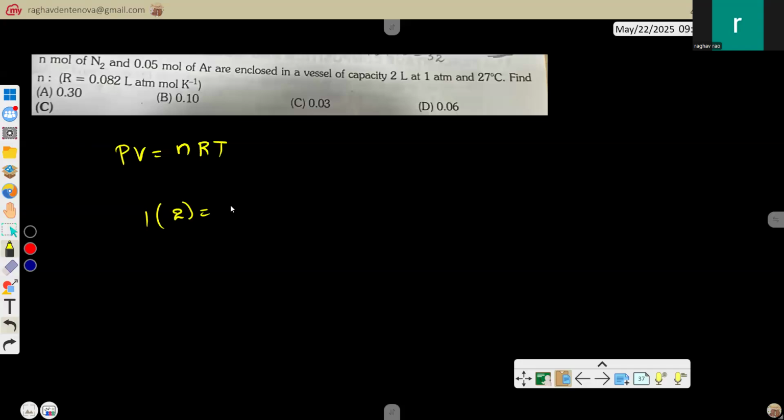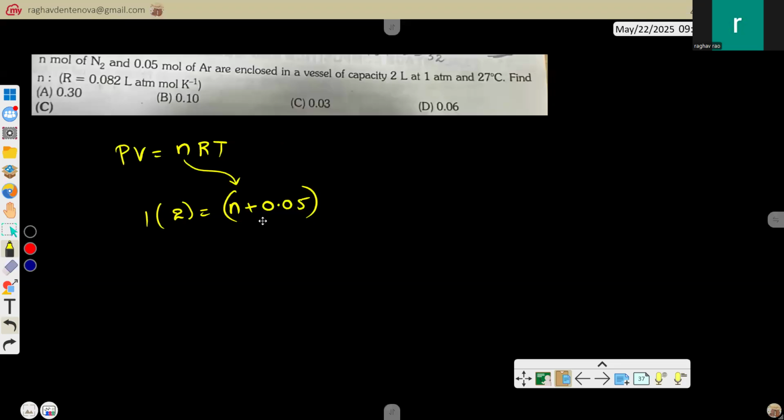Number of moles: nitrogen's moles are there and argon's moles are also there, so n plus 0.05 are the total number of moles, into gas constant R, which is 0.0821, into temperature. Temperature is 27 degrees centigrade, which we have to take in kelvins, which is 300 kelvins.